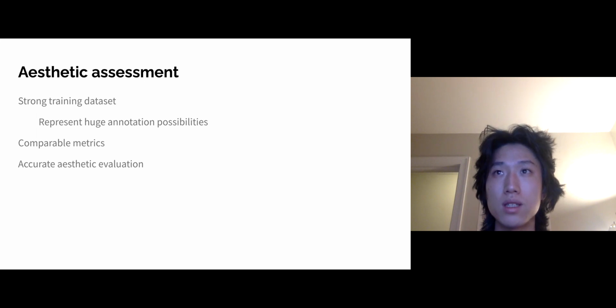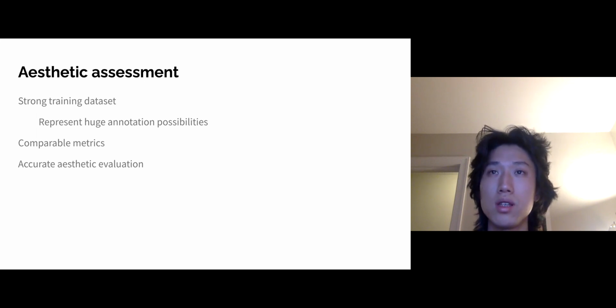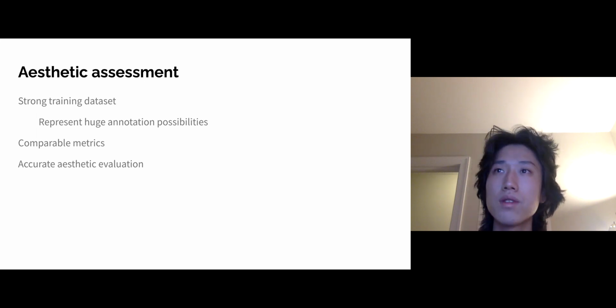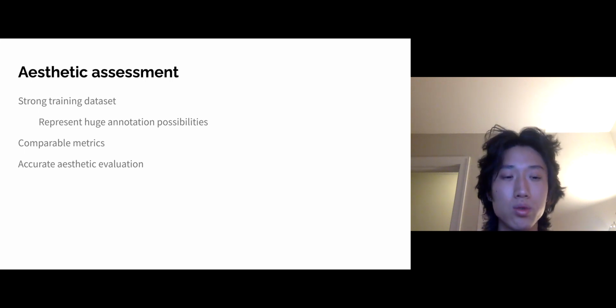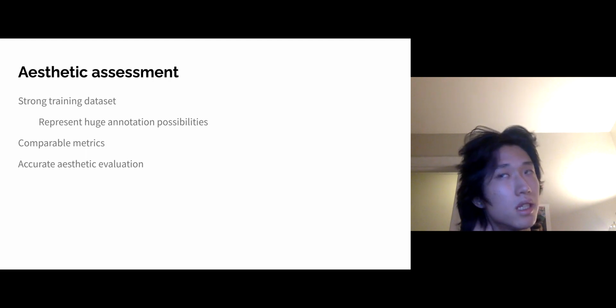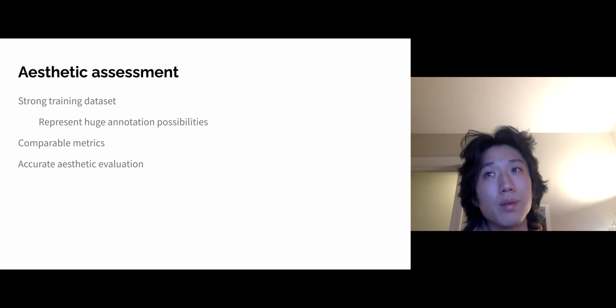One such stronger database, proposed in the Grid Anchor paper, uses a survey to generate multiple annotations per image. They were able to get more than 200,000 crops for 3,000 images.